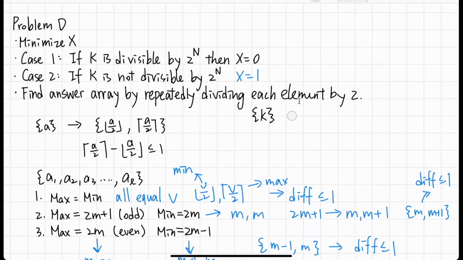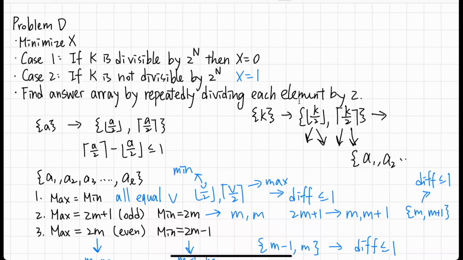We could start with k, and then we will move to k divided by 2 and k divided by 2. Then we will continue to split this element and split this element. And in the end, after n operations, we will get our desired array, a1, a2 to a 2 to the power of n.